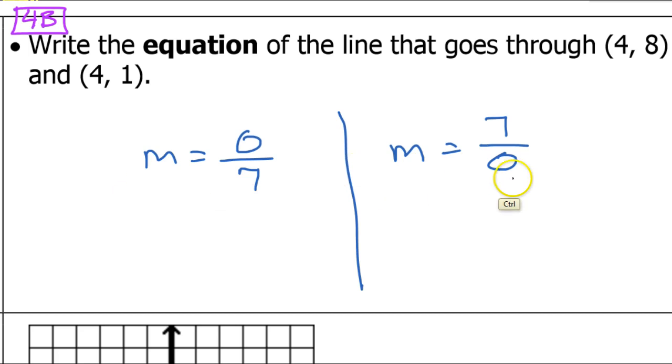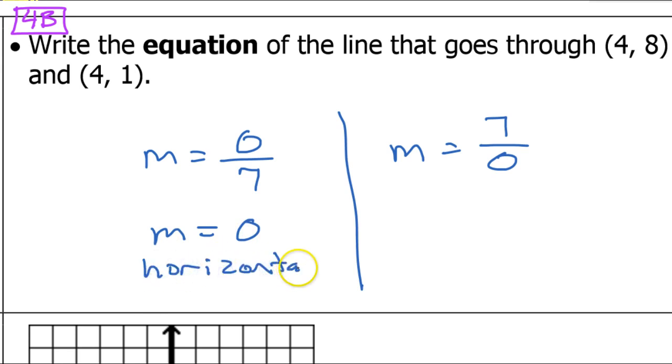What do I do with this? Well, 0 divided by anything is just 0. So the slope is 0. What kind of a line is this? If the slope is 0, as we just discussed, that makes this horizontal, like this. This is the kind of line that has a slope of 0. That means it's going to be y equals some number.